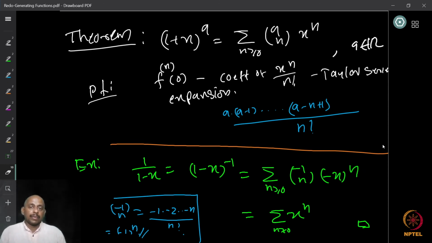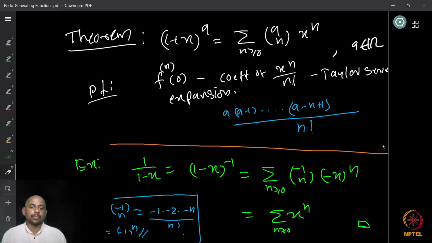Now, once we have this, we can use it to, for example, expand a given function. For example, 1 by 1 minus x, I can write as (1 minus x) raised to minus 1. Now, minus 1 is a real number, right? And I have (1 plus minus x) raised to minus 1.